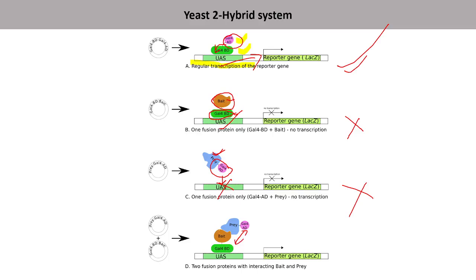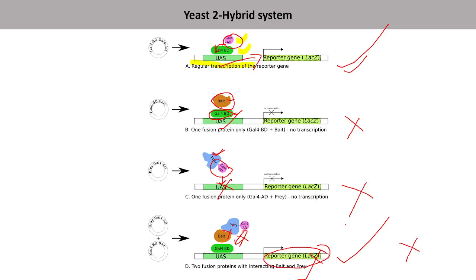If the two proteins interact, the activating and binding domains come together and the transcription will happen, meaning the LacZ gene will be expressed. But if these two proteins don't interact, this binding will not happen, and the LacZ gene will not be transcribed.